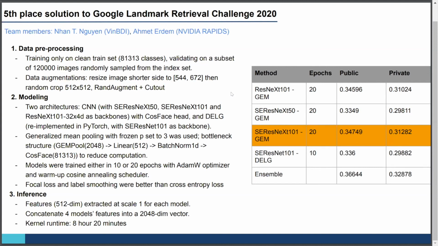So 0.5 for the ground truth class and 0.5 divided by the number of the remaining classes. And I think either focal loss or label smoothing gave me about 0.2 or 0.3% improvement compared to just using cross entropy loss. Okay, thank you.